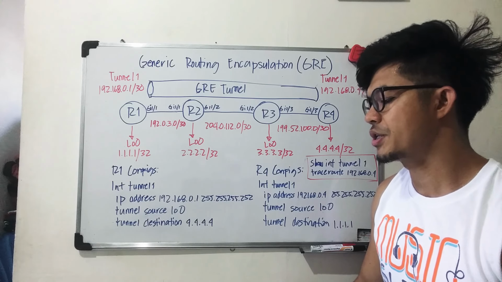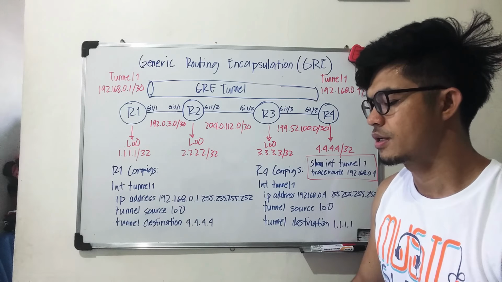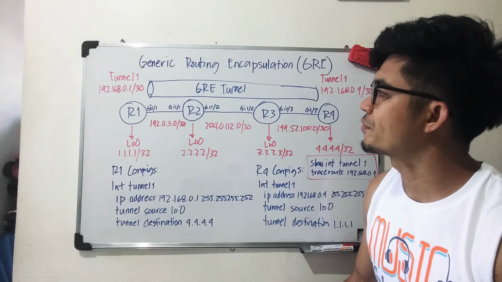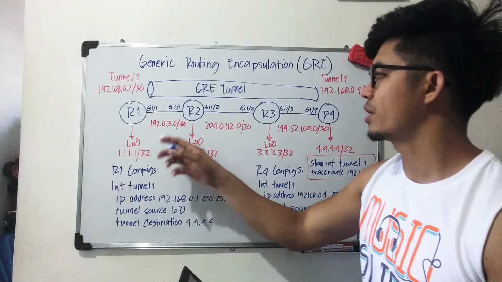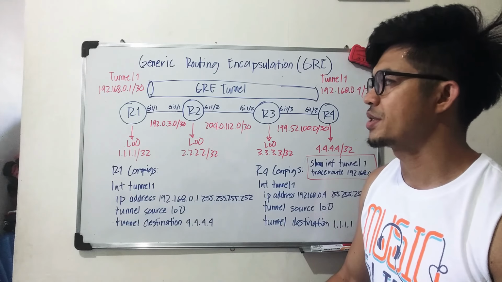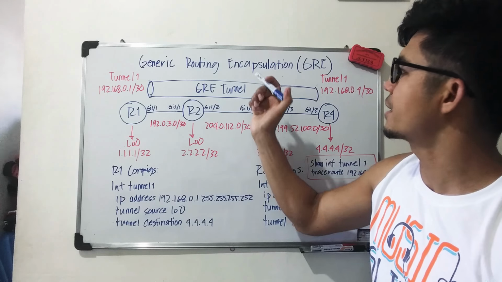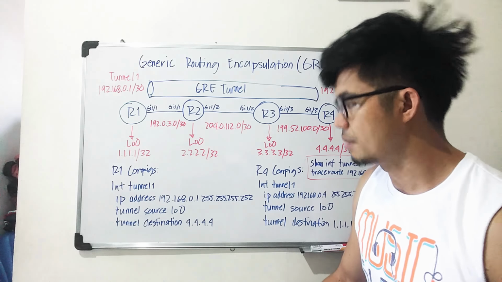You can use GRE to encapsulate those layer 3 protocols. So, for example, router 1 and router 4 here, you want these routers to communicate using OSPF. Then you can use a GRE tunnel to make that possible.